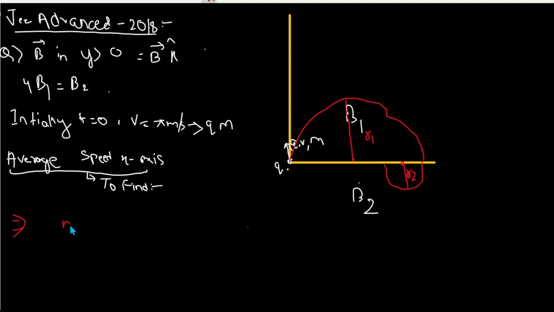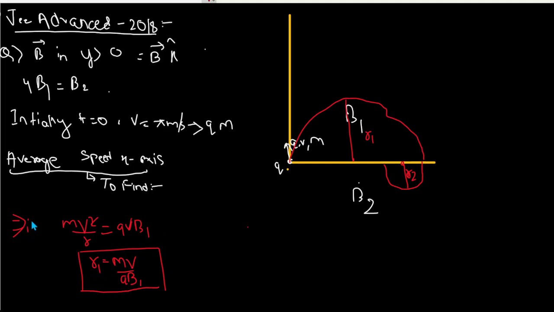We equate mv square divided by r is equal to qvB, and we can cut down the velocity on both sides. So the formula for the radius will be mv divided by q into the magnetic field. In this first region it is B1, so the radius will be mv divided by qB1. Let's say this is radius 1.